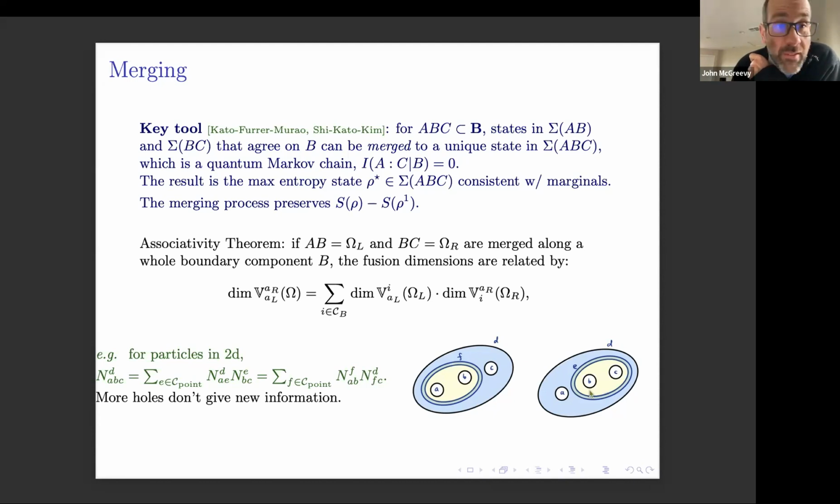I get the same answer as if I merge them in this order, and that implies this associativity theorem for the fusion dimensions. In the case of two dimensions, this has the very important consequence that I can stop once I know the story for the two-hole disk. I don't get new independent information from disks with more holes.